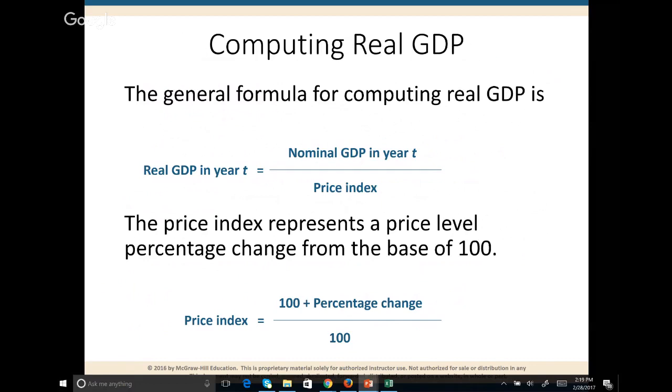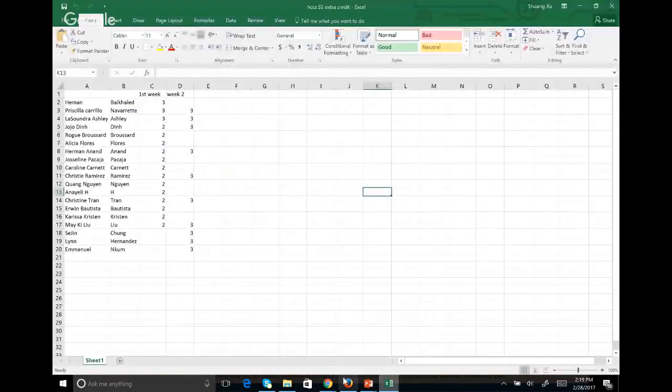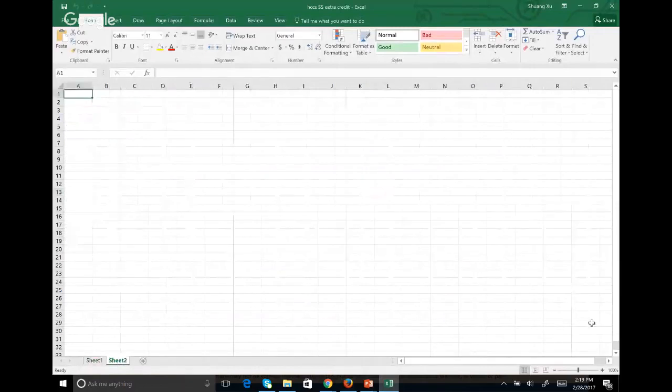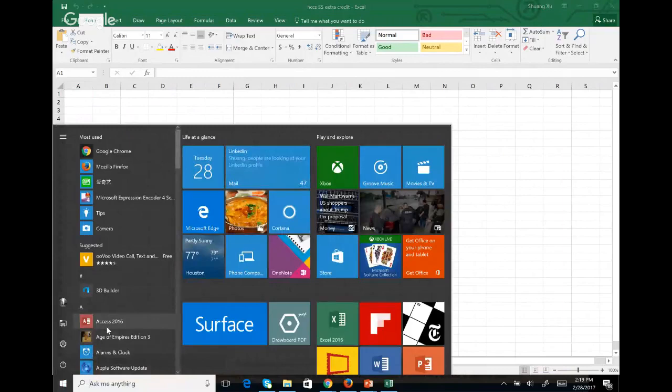Let me give you a better formula for nominal and real GDP. I know this is the one from the PowerPoint, but it might not be very helpful when you do your homework. So let me open up the notes.